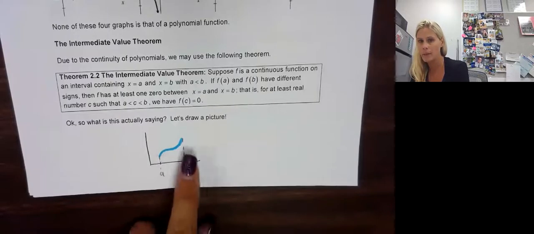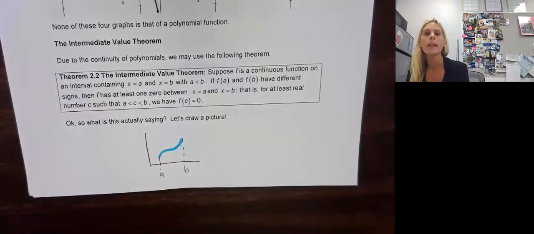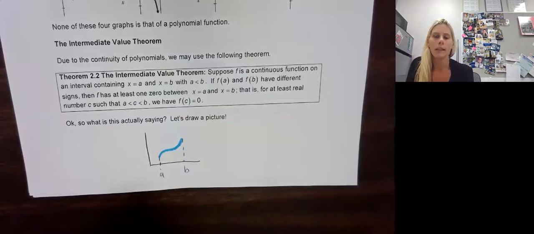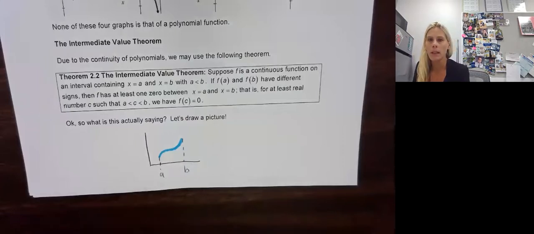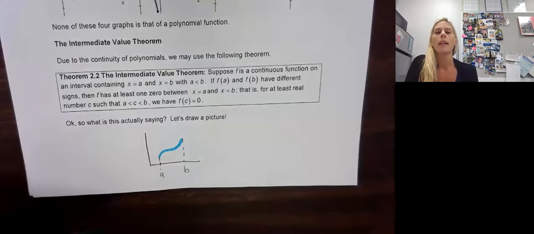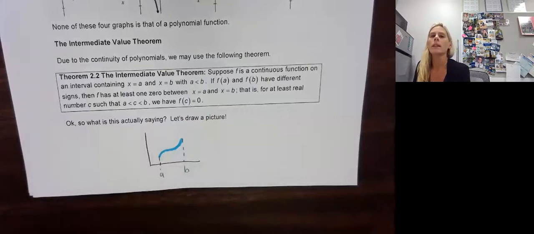That's why I have a first, b second. If f of a and f of b have different signs, then f has at least 1 zero in between x equals a and x equals b. That is, for at least one real number c, c is between a and b, we have f of c equals 0.